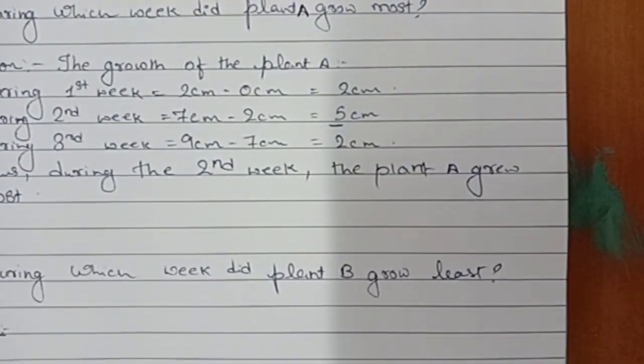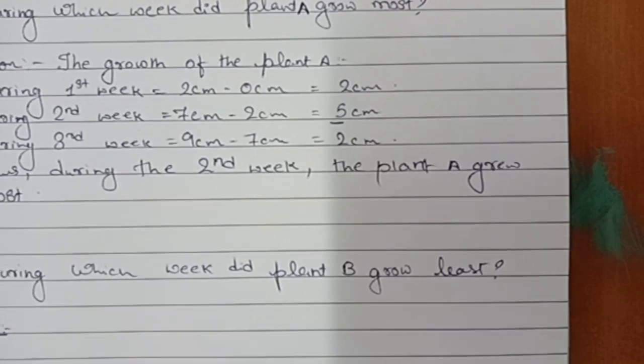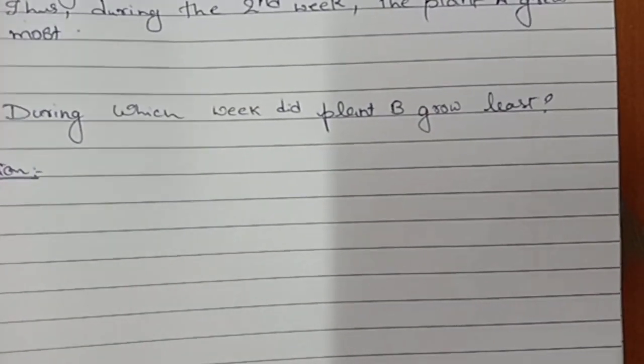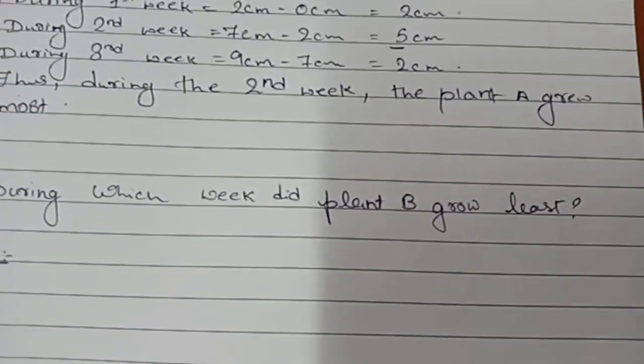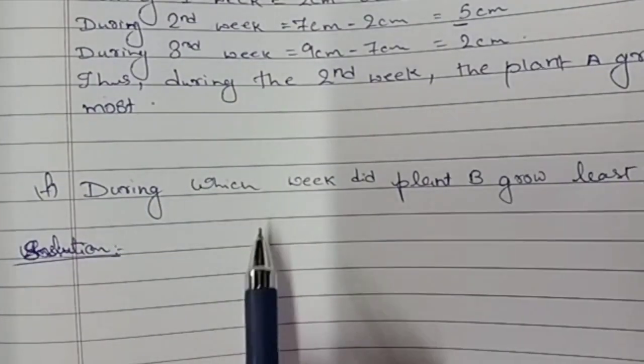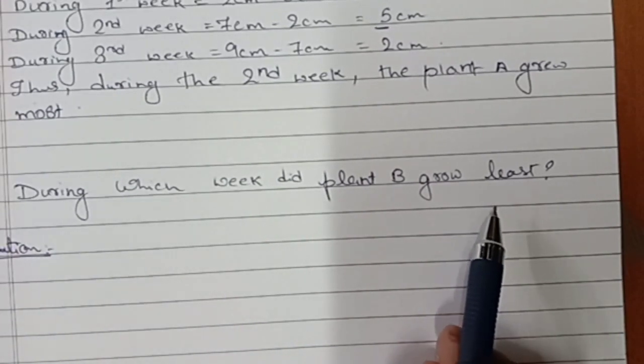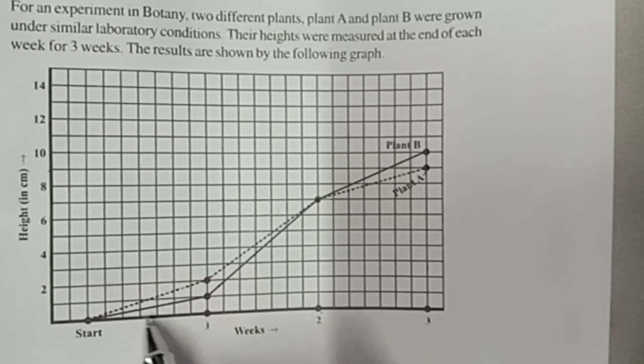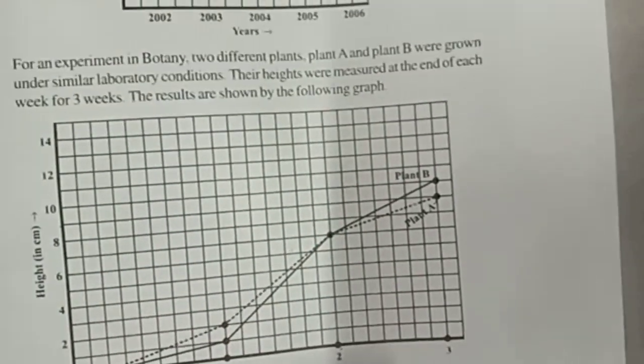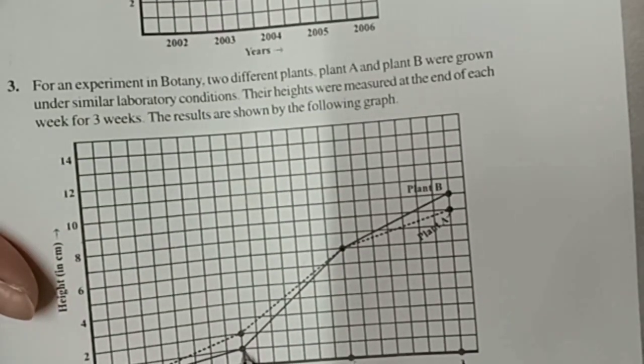Now question number F. During which week did plant B grow least? Means less, okay? This line. So from 0 to 1 centimeter first week, right?